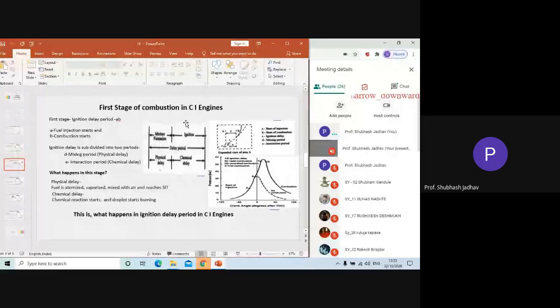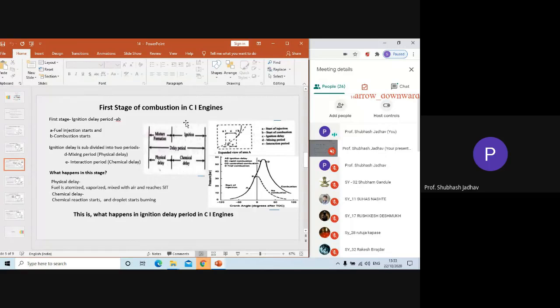The first stage is the ignition delay period. The first stage in SI engine combustion was ignition lag. We called it ignition lag. Here we are calling it ignition delay. Now the word delay is coming into picture because here the fuel is introduced into the combustion chamber in the form of droplets.